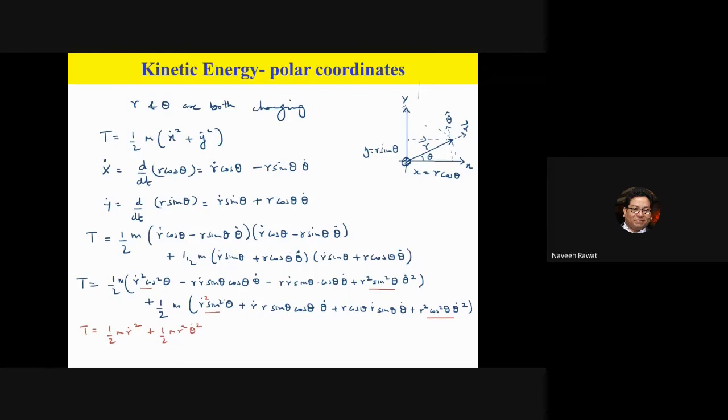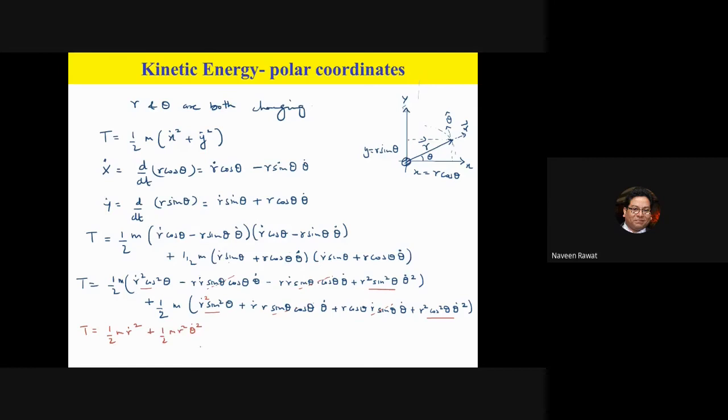And what else? I have minus r dot sine theta cos theta theta dot, and here I have plus r dot sine theta cos theta. So these terms are getting cancelled. Similarly, I have r dot cosine theta sine theta theta dot, so again this term will also cancel. There you go.